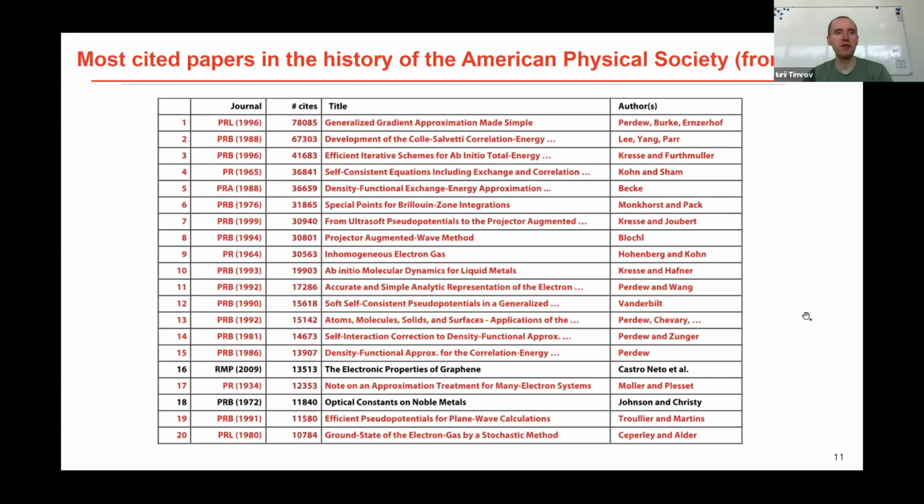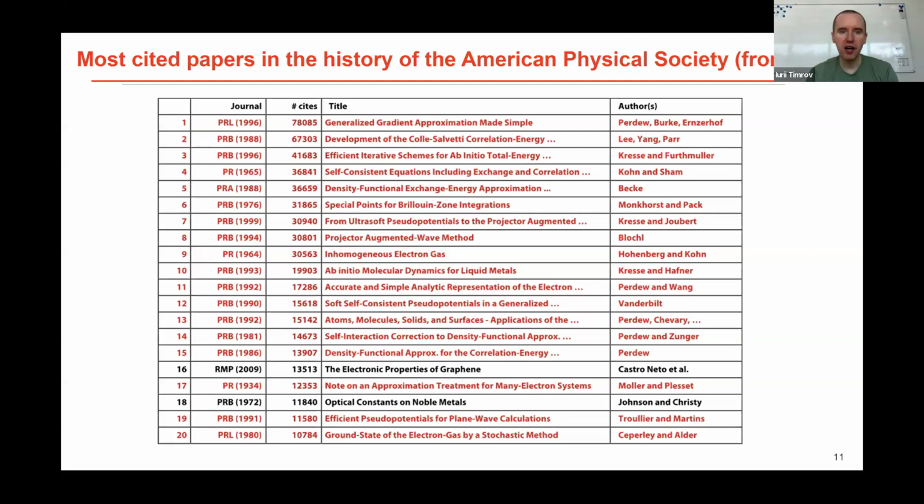And this is a table showing the most cited papers in the history of the American Chemical Society, starting from 1893. So there are 20 papers, and they are the most cited papers. And in red, I highlight those papers that are related to numerical methods, such as DFT and GGA, the Generalized Gradient Approximation, and others, like ultrasoft pseudopotentials and so on.